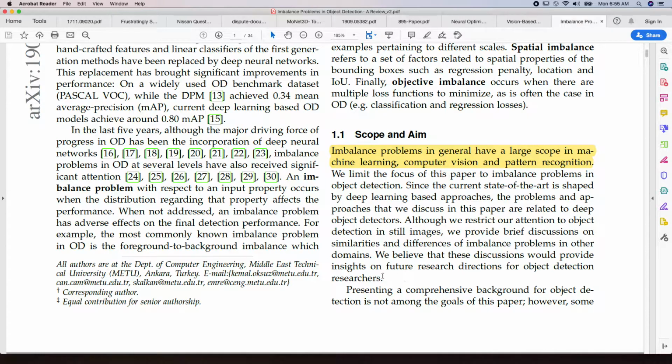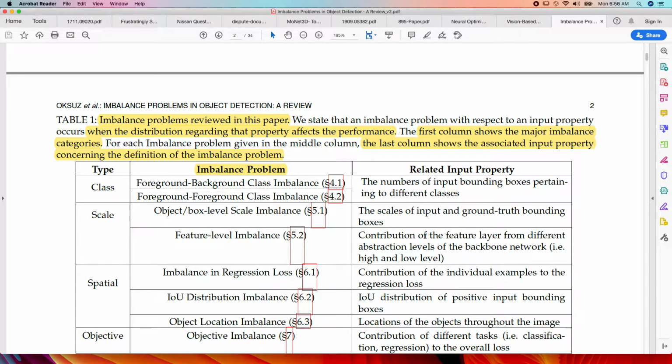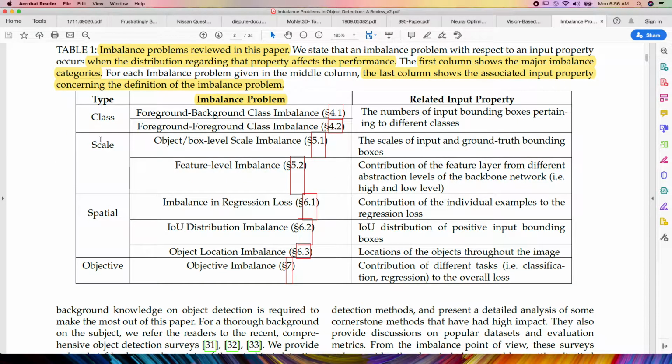So, imbalance problems in general have a large scope in machine learning, in computer vision, and pattern recognition. And you will see in this table the imbalance problems that they reviewed in this paper, and they fall into different categories.